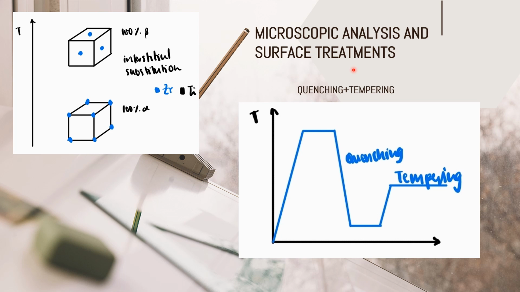Then, talking about its microscopic analysis and surface treatments, we can first begin by analyzing its microstructure. As you can remember, at room temperature, the composition was an alpha phase. I forgot this here. I represented this as a BCC structure.